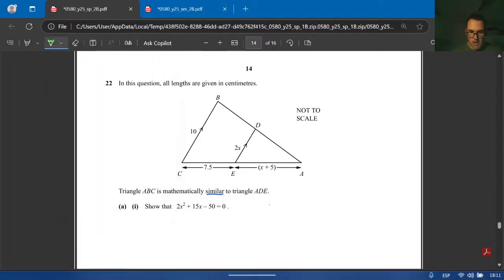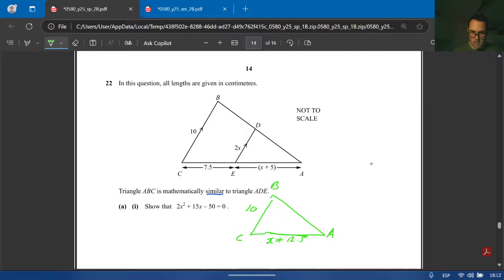So triangle ABC is the big triangle. The C is here, the B is there, the A is there. BC is 10. And AC is x plus 5 plus 7 plus 5. So we add that together, the 5 plus 7 plus 5, that will be 12.5, right?